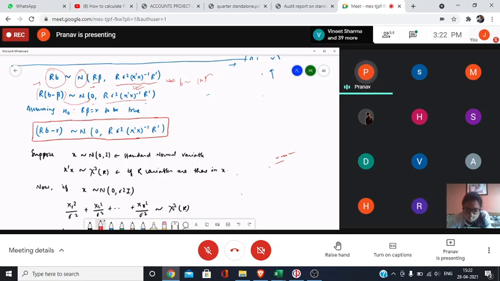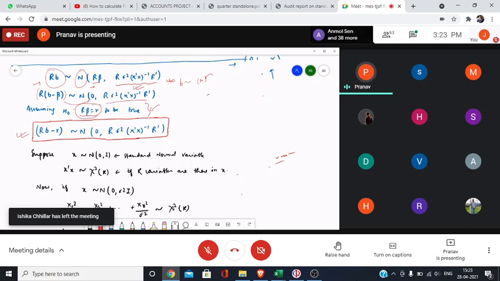Now again, I told you in the last class that all the tests we do, all the hypothesis testing, is done assuming that your null hypothesis is true. So in this case also, assuming the null hypothesis to be true, which is in this case R beta is equal to R, my actual null hypothesis about the population, I can replace this R beta by R. So here I have got the sampling distribution of the statistic which I actually need, this vector RB minus R, because ultimately I want to draw inferences about my population parameter beta from this statistic.